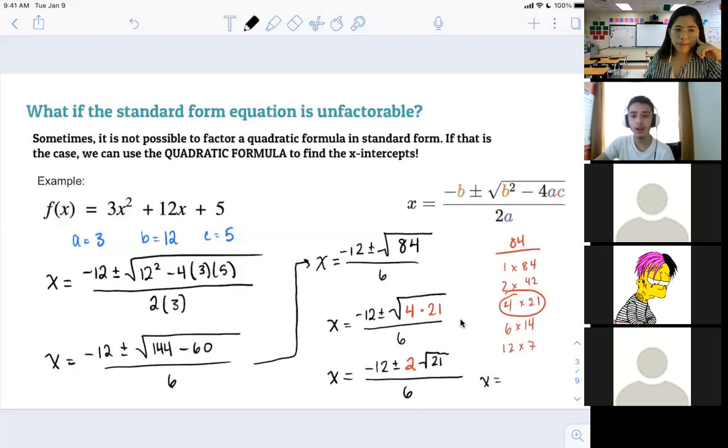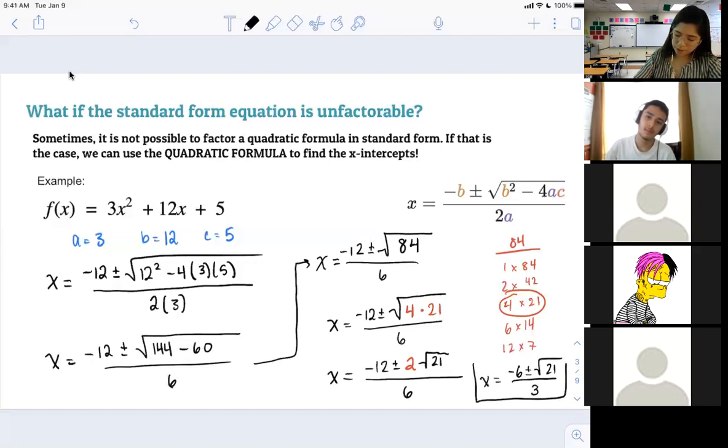No, you got it, Jalen. You're right. Because I have a negative 12, a 2, and a 6. All of those are divisible by 2. So when I divide everything by 2, I end up with negative 6 plus or minus the square root of 21 over 3. You had it, Jalen. There we go.